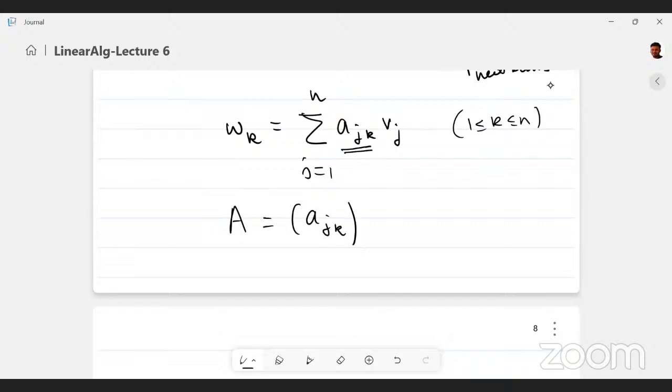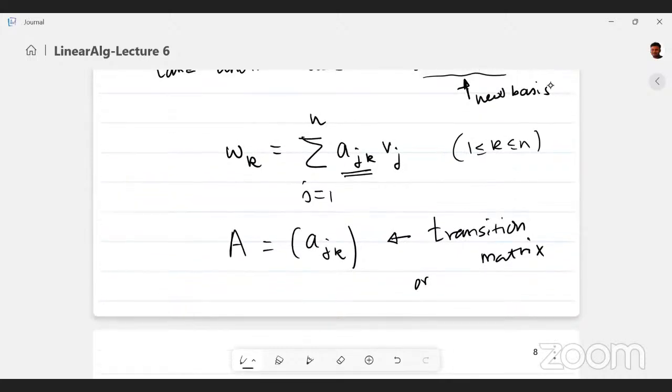So this matrix I am recording as ajk. This is called a transition matrix. If you know this transition matrix, you know how to go from the old basis to the new basis. This is also called the change of basis matrix.